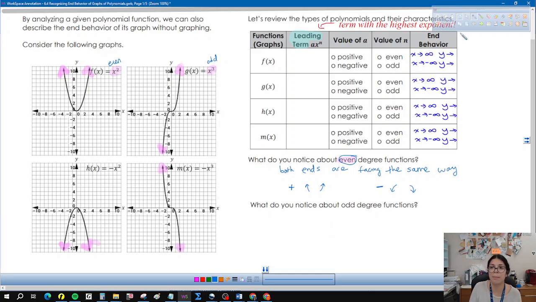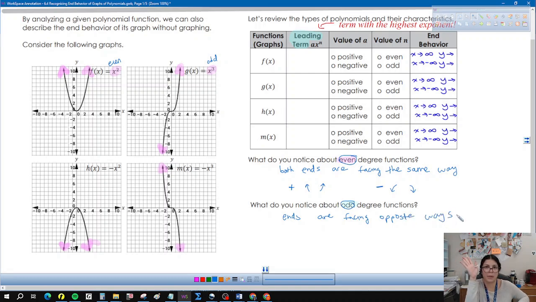Now, the most simple odd is a linear. We've seen linears before. And so with an odd degree, that means that the ends are facing opposite ways. Let me write that down, because it's not both. The ends are facing opposite ways.